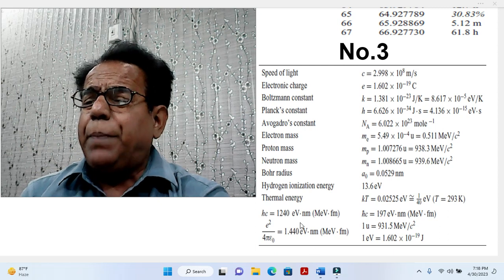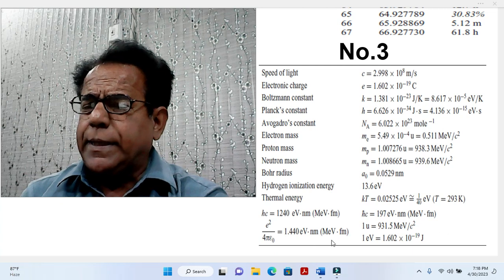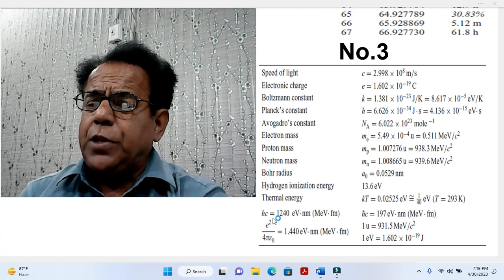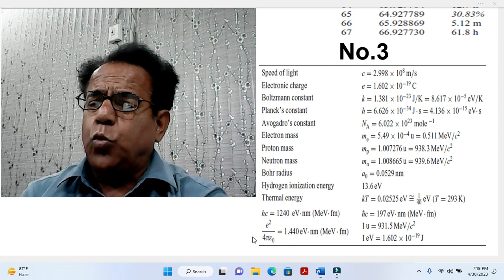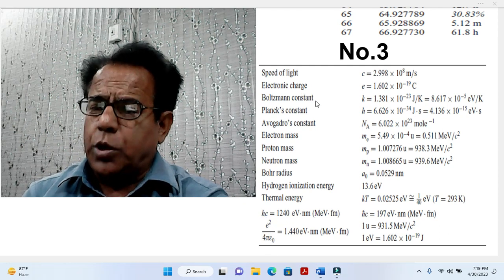Okay, but in this problem we will not repeat this practice. It is enough to say that in this problem we will use this combined value, e square over 4 pi epsilon naught.